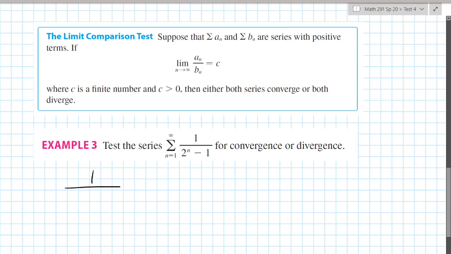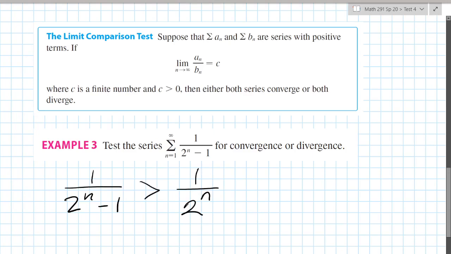So when we look at this next one, you see this a sub n term, and we would like to compare it with 1 over 2 to the n, because we know 1 over 2 to the n looks like a geometric series. But for the comparison test to work, we would want that inequality.